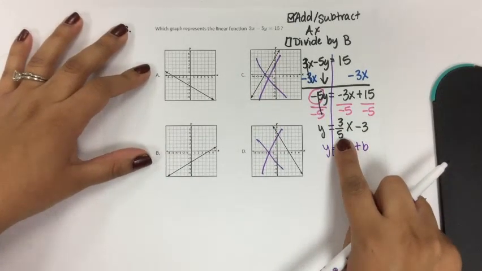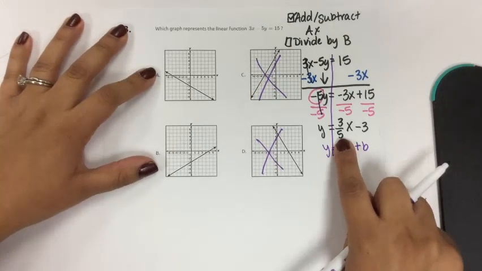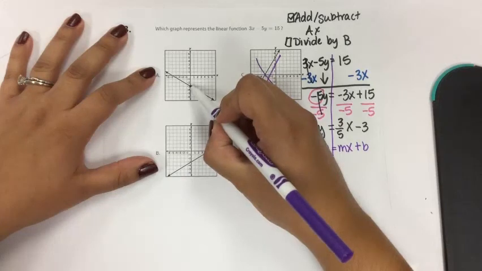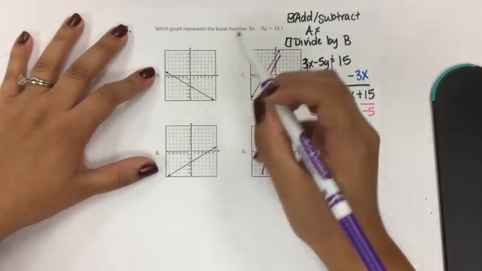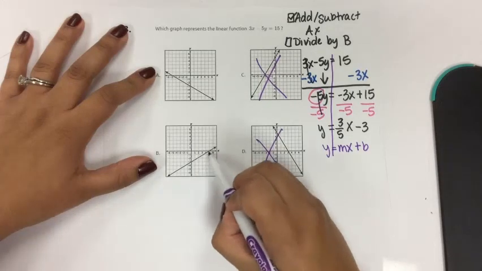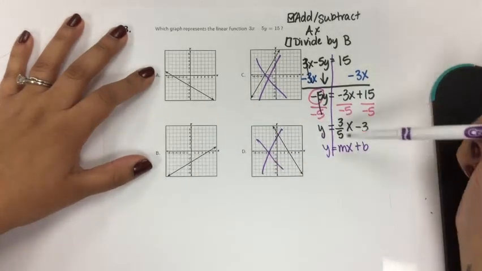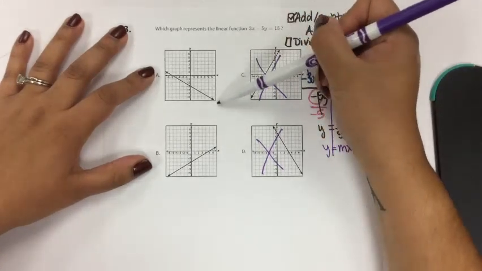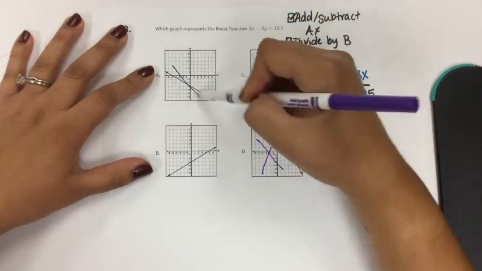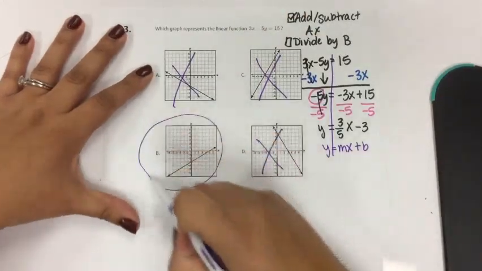My slope is +3/5, which means I need to go up 3 and to the right 5. So if I start here, go up 3 and to the right 5, oh no, that's not what this graph does. But if I look at B, that is what this graph does. So another way I could have figured this out before even counting is I have a positive slope. Looking at A, this is a negative slope. It goes down. So I know that would not have been correct. So B would have been my answer.